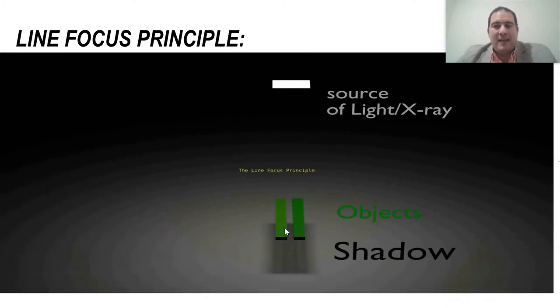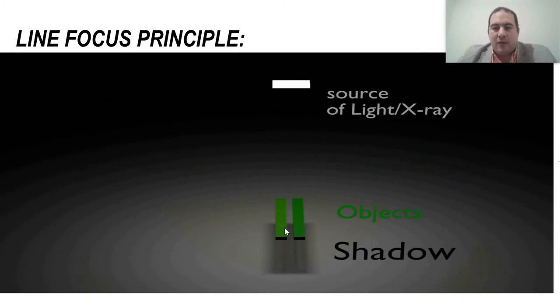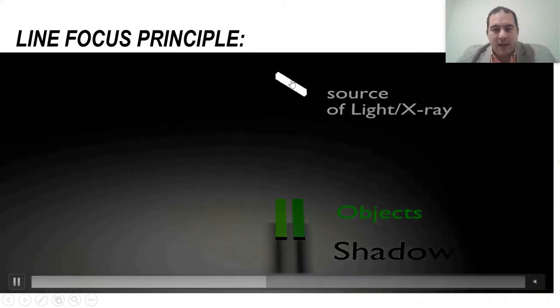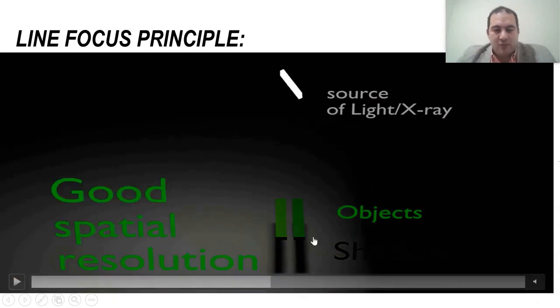So, what is this solution we are talking about now? The line focus principle is the solution that allows for tilting or angulation of the source. Now, see what happened here when I applied this angulation. There was discrimination between the two objects in my shadows, which increased the spatial resolution. Why?